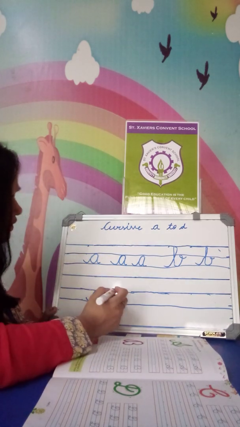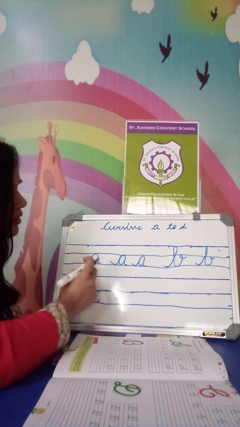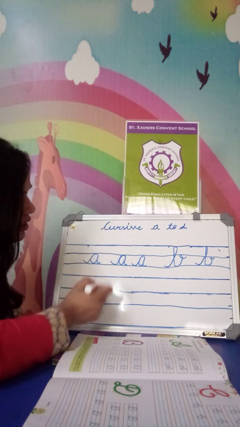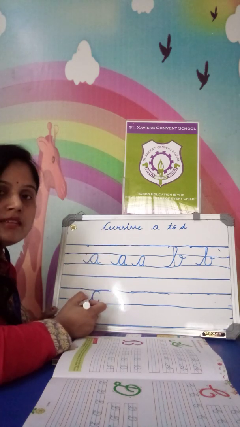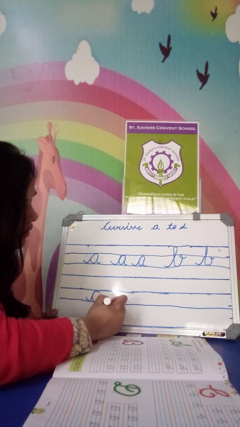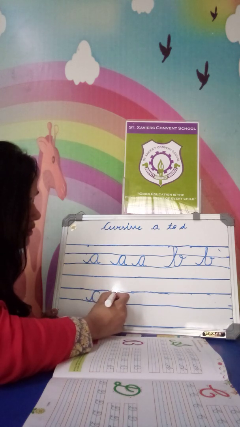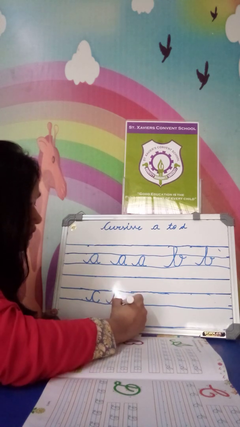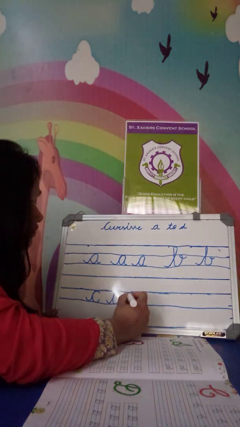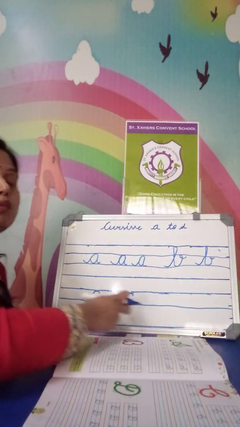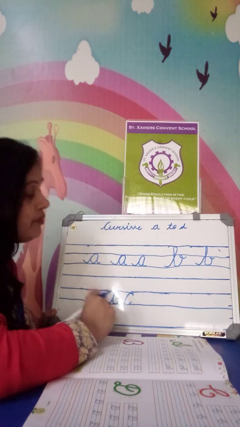Again, similar to A, but in letter A we have to draw a full circle, and in C a small circle, a half circle. Turn like this, again turn like this, half circle and like this. This is C, small c.